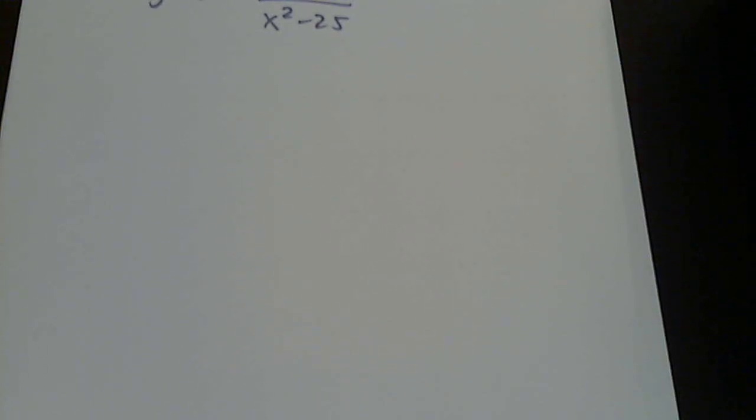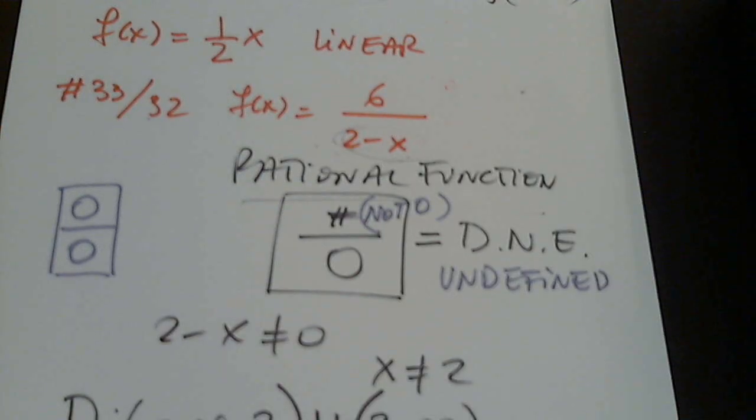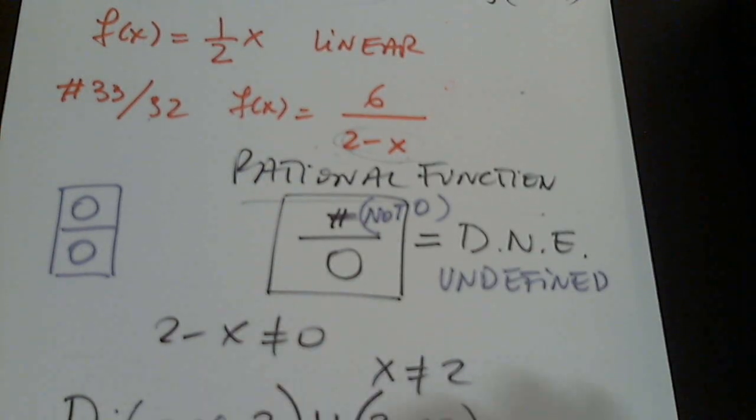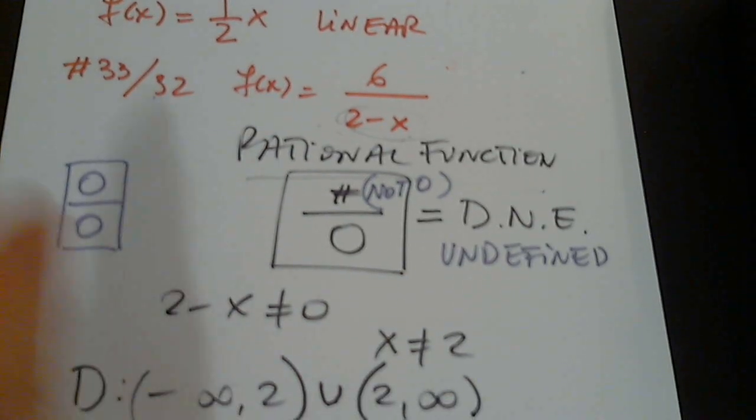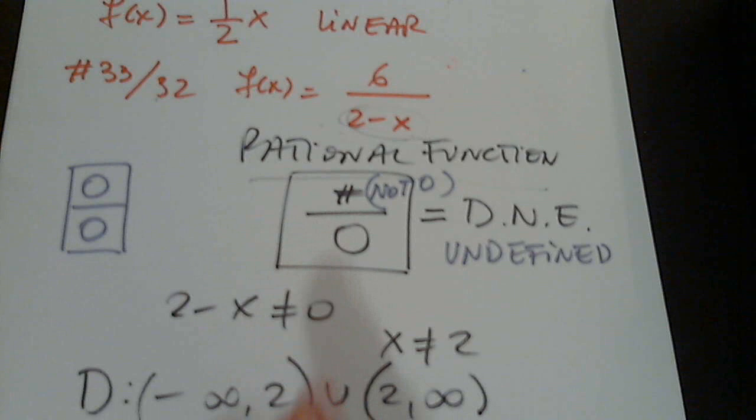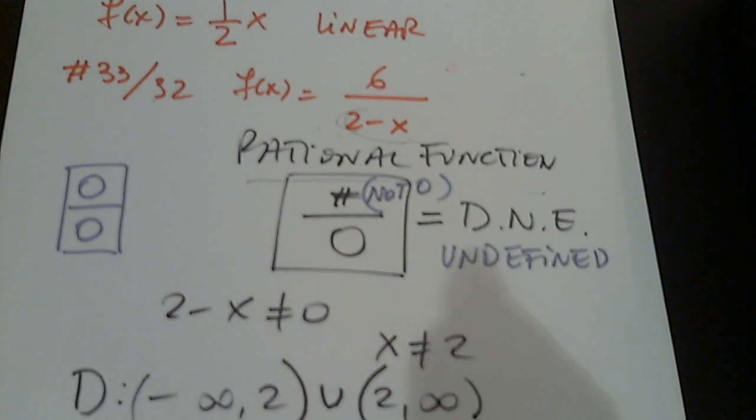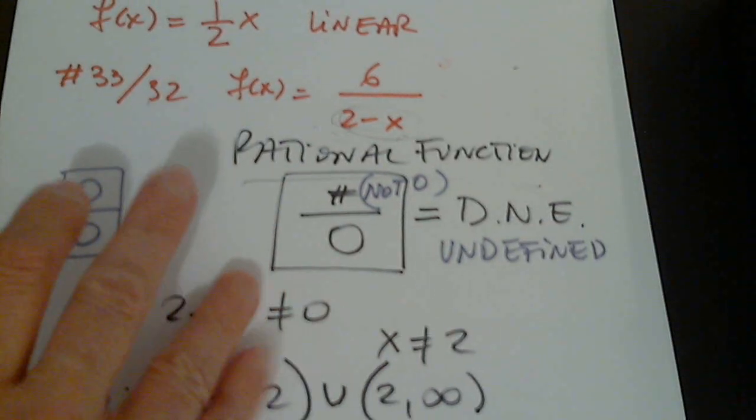What could be the problem here? Because we are asked to find the domain. So what is the domain? Well, the domain is anything but 2. But in mathematical terms, I have to write it in interval notation: from negative infinity to 2, not 2, union, in addition to, if you want, not 2 to infinity.